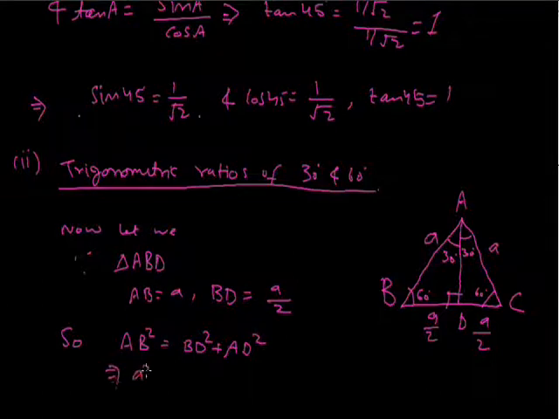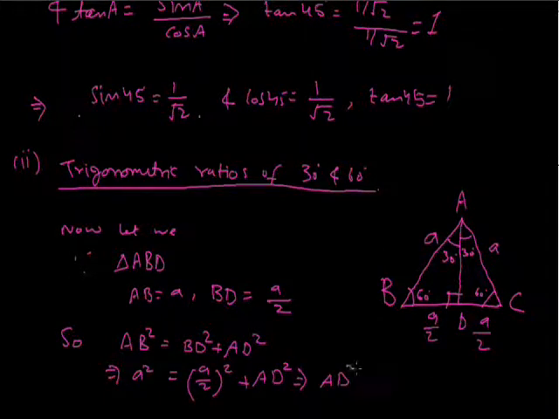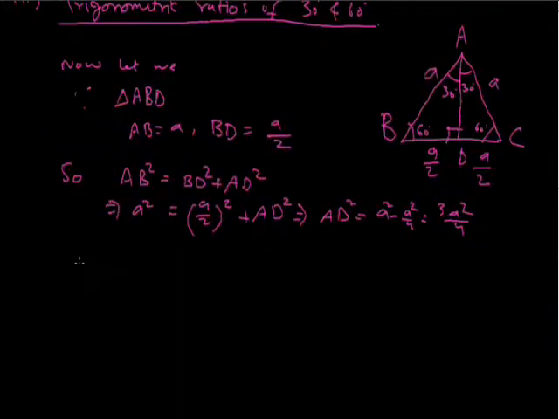So a square equals (a by 2) whole square plus AD square. AD square equals a square minus a square by 4, which equals 3a square by 4. So AD equals root 3 a upon 2.